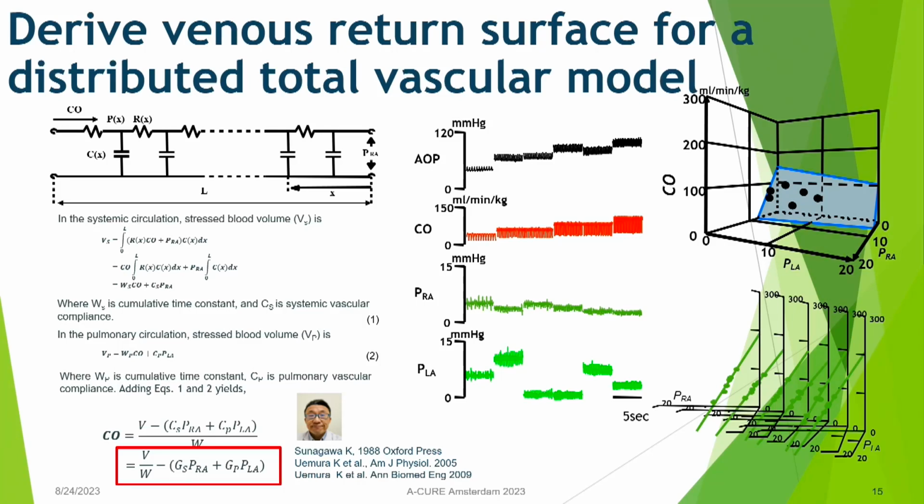Those lines are where we are seeing the surface tangentially. So if the dots come on a single line, it means that the surface is very flat. Actually, that is what happened. So we thought that the venous return surface is pretty flat.